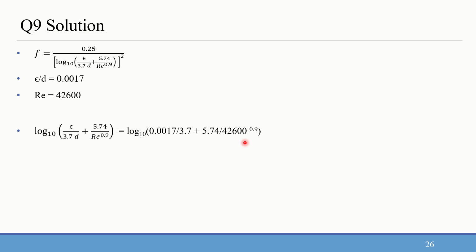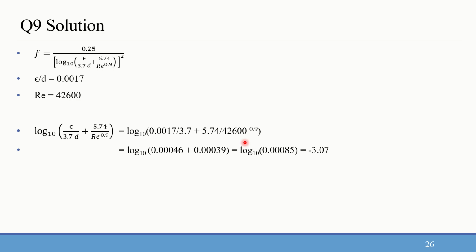So 0.0017 divided by 3.7 gives us 0.000459, or 0.00046, and another term is 5.74 divided by 42,600 to the power of 0.9. So it is 0.00039.